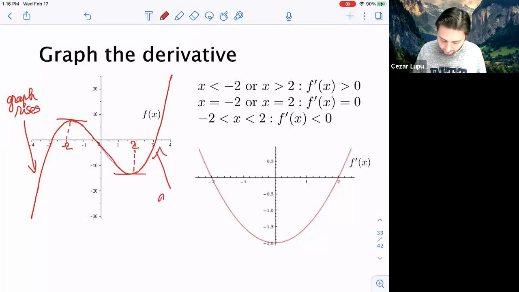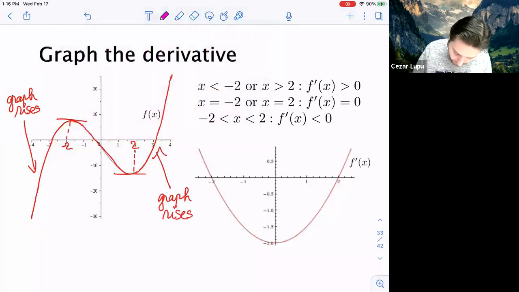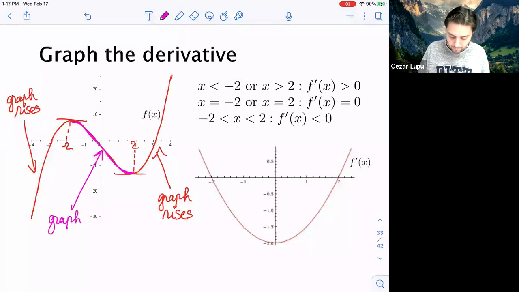And on this portion here, let me put another color, but only on this portion, the graph falls.